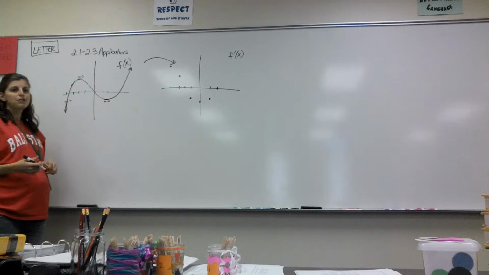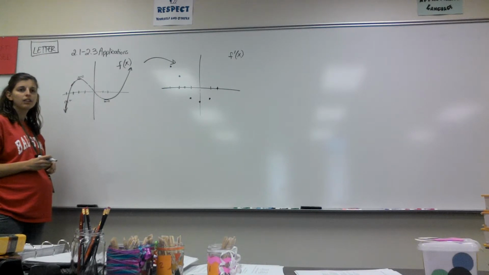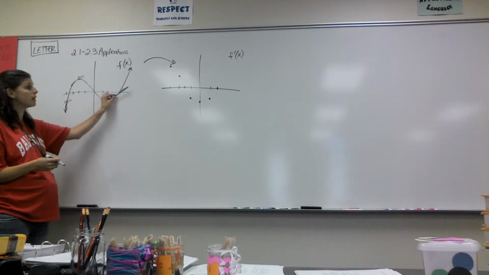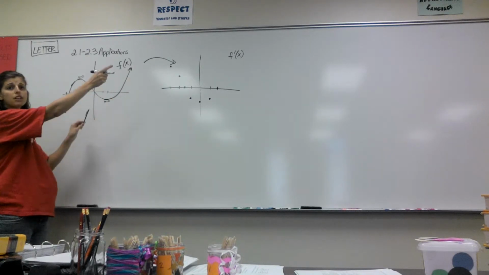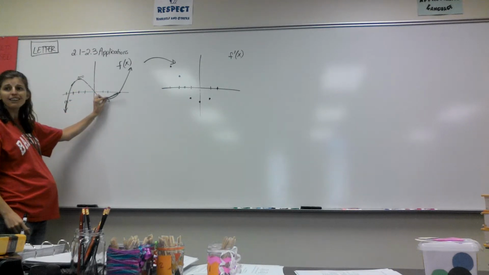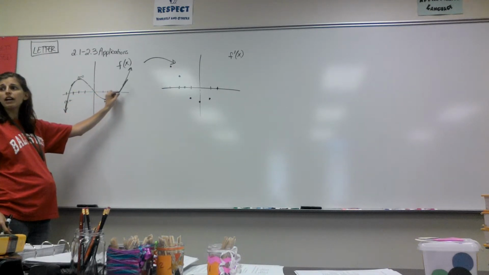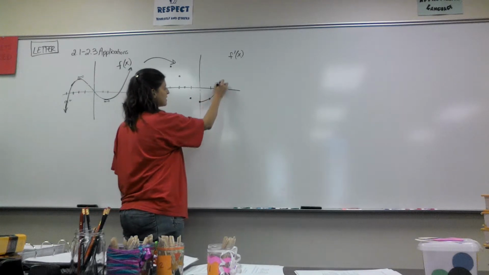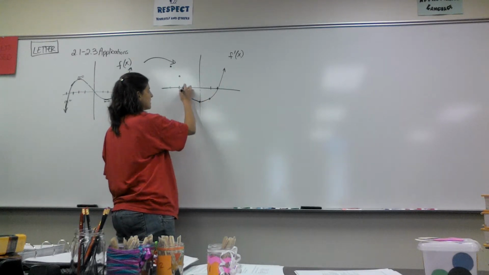And then what happens to my derivative? It starts going in the positive direction. So here I'm going to have a positive derivative. My derivative starts out gently positive and gets more and more positive.